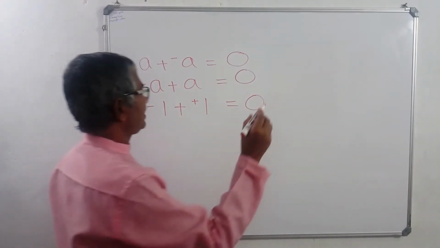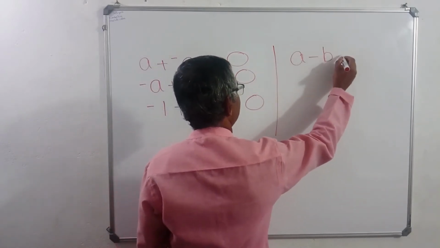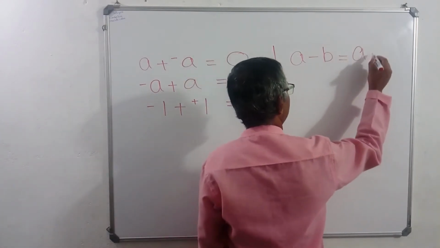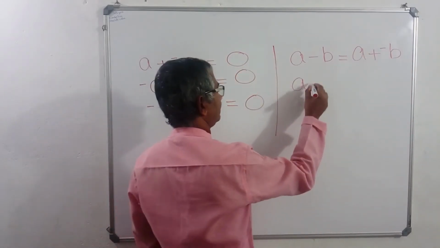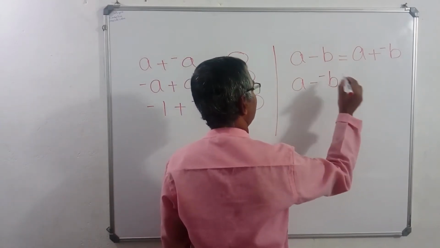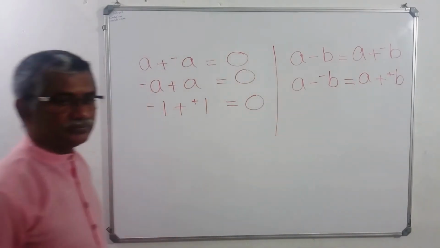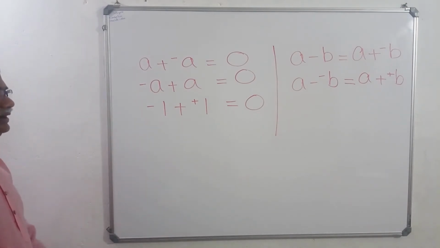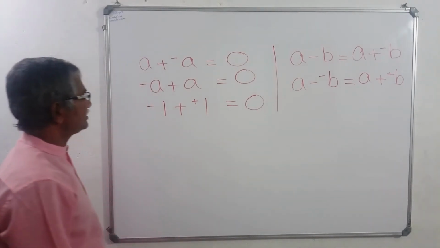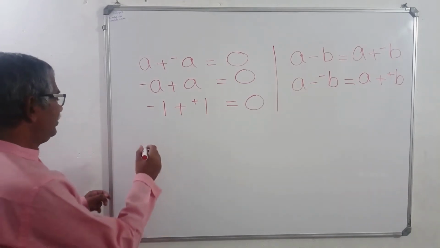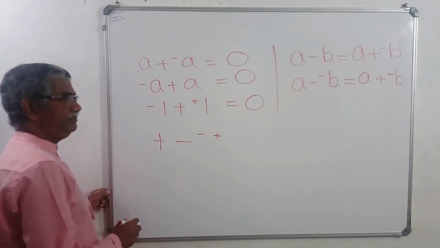We can again consider the subtraction. A minus B is equal to A plus negative B. Again, A minus negative B is equal to A plus positive B. When you are learning algebra, this principle is very important, because if you are doing addition and subtraction with negative and then positive numbers in between, you will be confused.